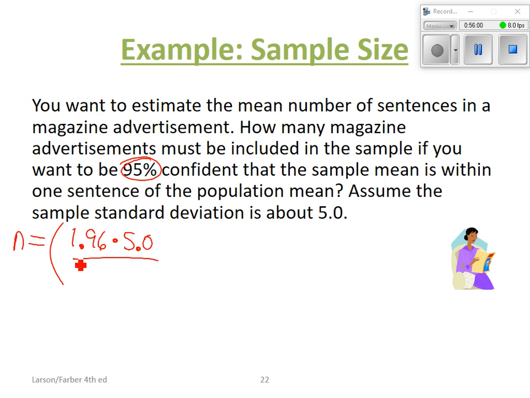Here's where you're going to have trouble when you actually do it for real life or a real problem. They're not always going to just say E equals this. What's the margin of error? How much off do we want to be? Zero? It's probably never going to happen. We can hope.